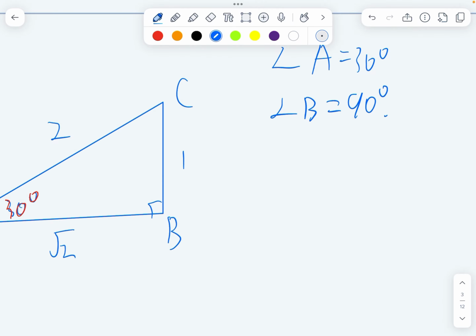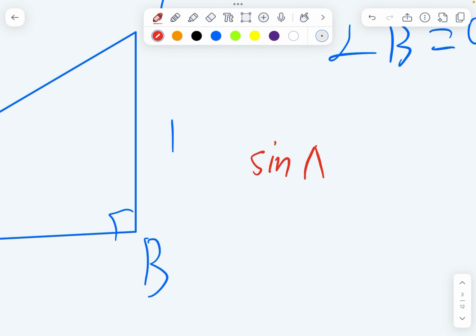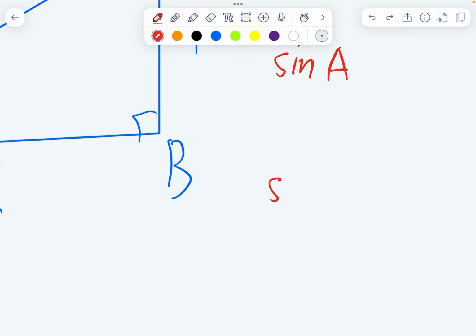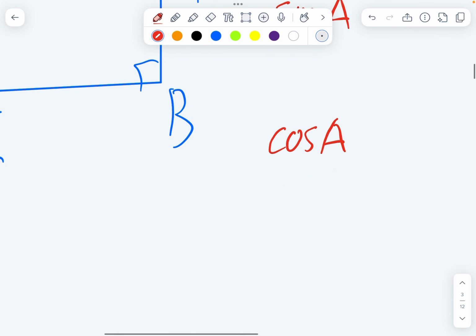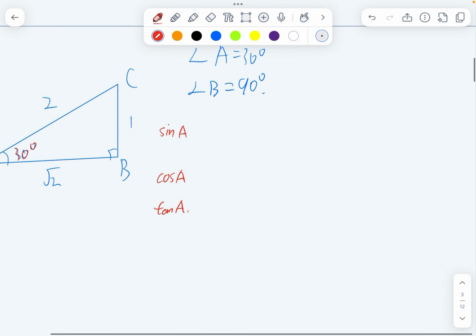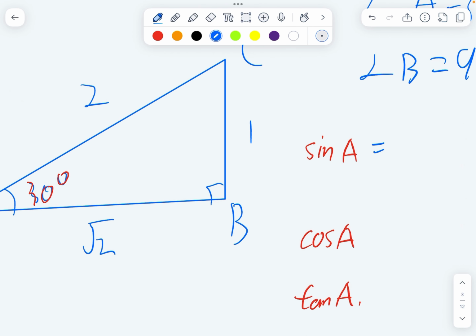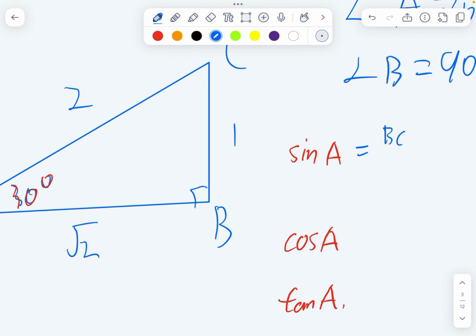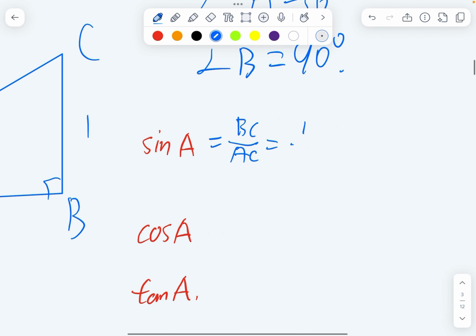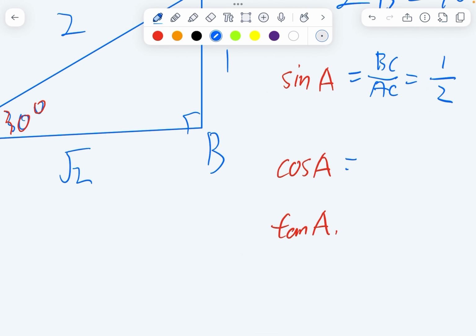The first is sine A, the second one is cosine A, the third one is tangent A. Sine A equals BC over AC, so it is equal to 1 over 2. For cosine A, it is root 3 over 2.